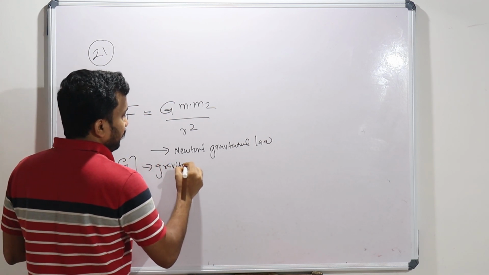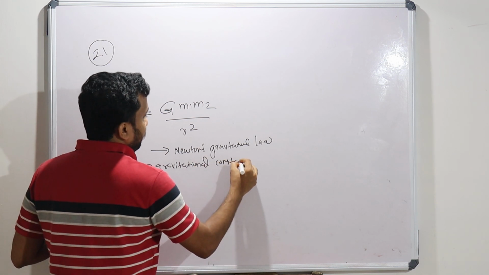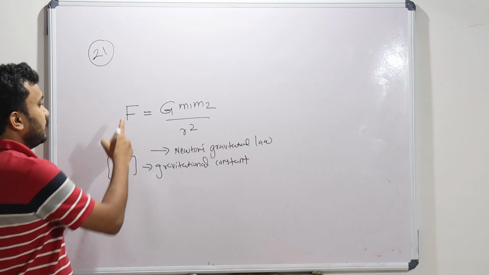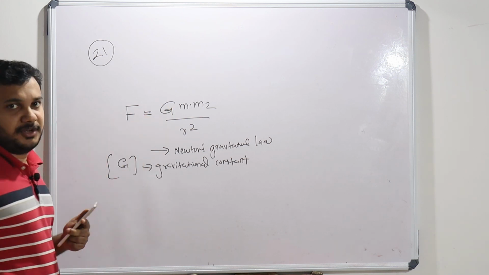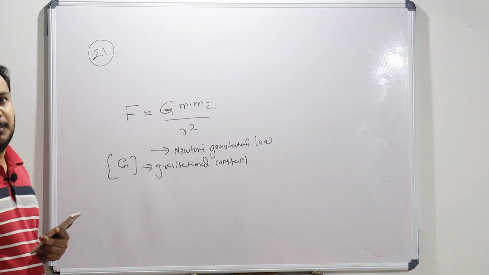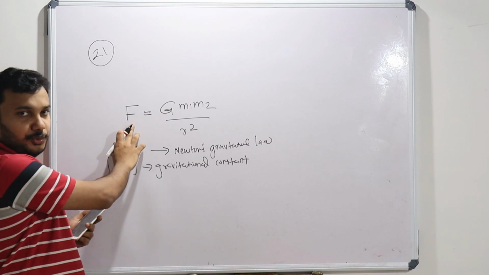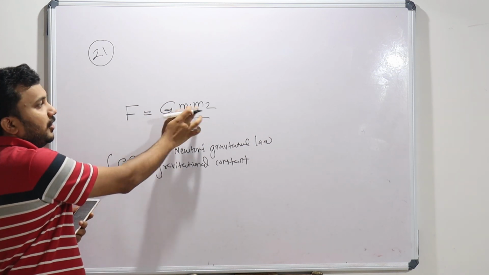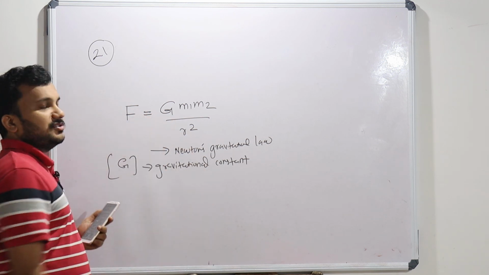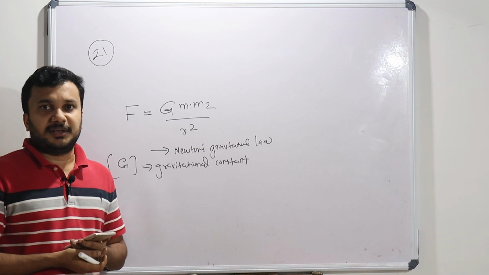You have to rearrange the equation and find out the dimension formula of G. G will be F r square divided by m1 m2. Substitute F means force, r is distance, m1 and m2 are masses. Rearrange this and you can find the dimension formula of G. So G will have a dimension formula.